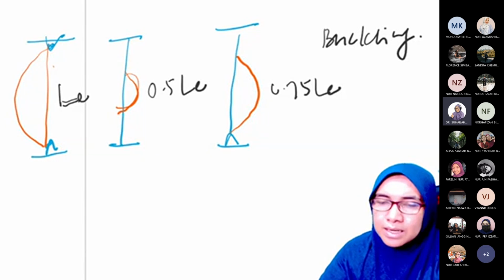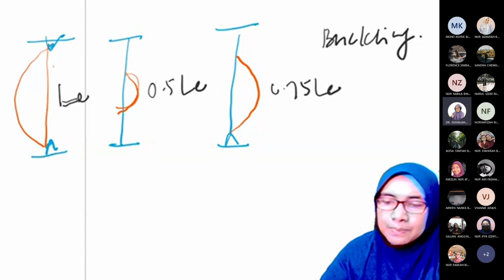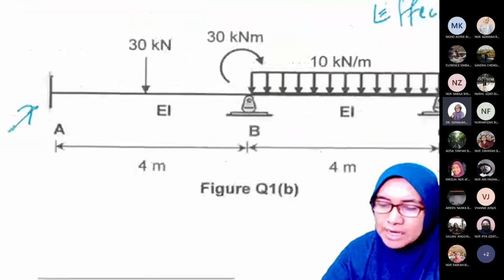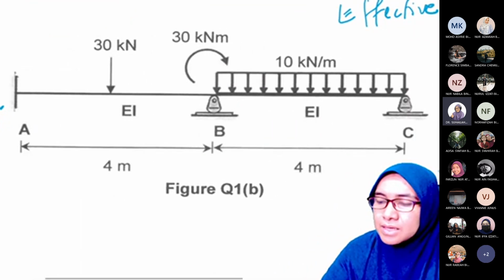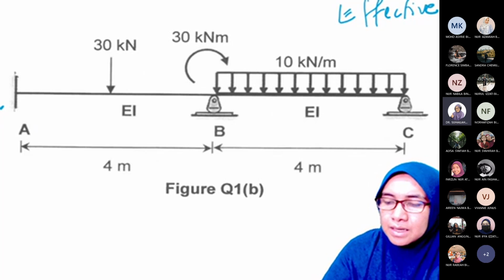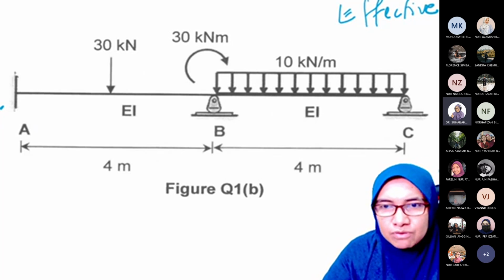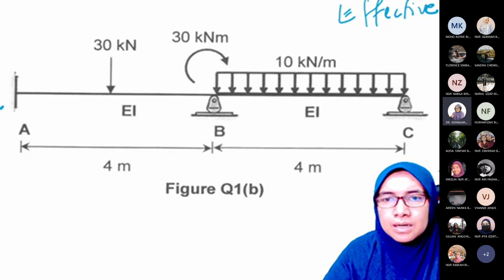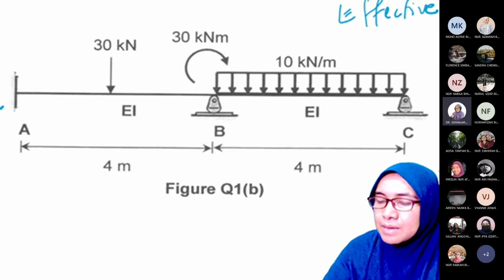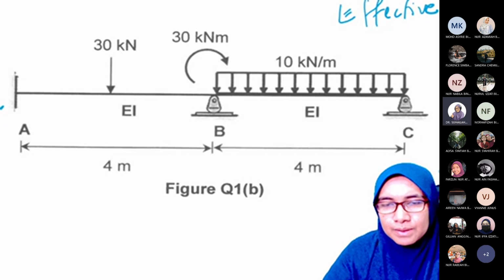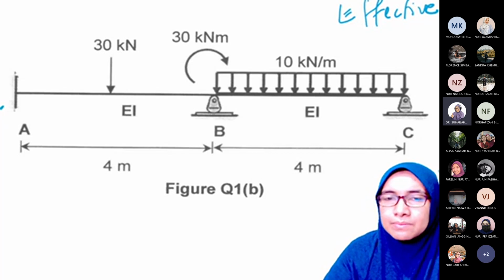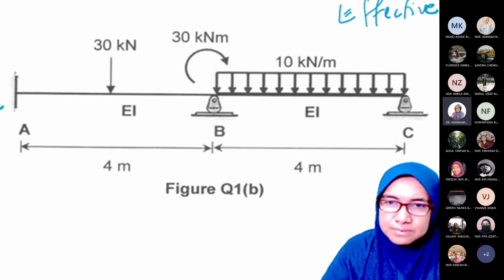Okay, semua tu kita akan apply bila kita nak draw deflected shape for this beam. Deflected shape for this, because A tu fix, B tu roller. So effective length between these two joint, between A and B, berapa dia punya effective length?